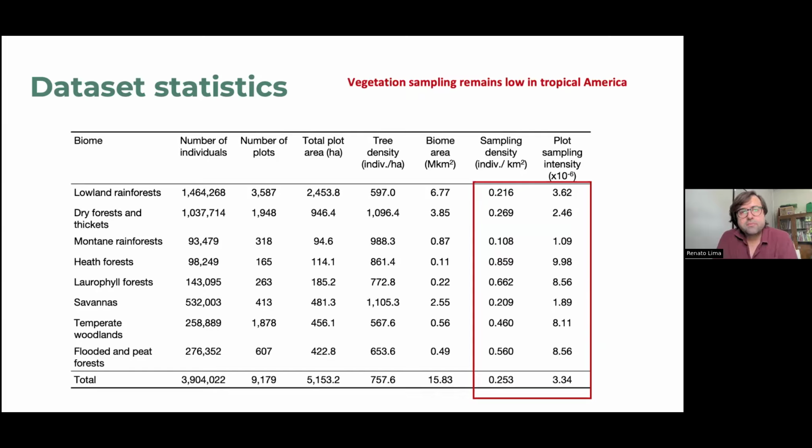And to the right, which is important here, the first result of what we are seeing with this data set is that we really have a low sampling coverage for tropical America. It's really one order of magnitude lower than what we generally have in North America and in Europe. So we really need more plots in the region, particularly in mountain forests. Next one, Jerome.